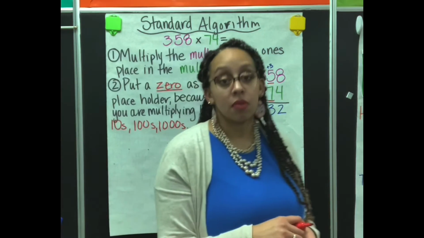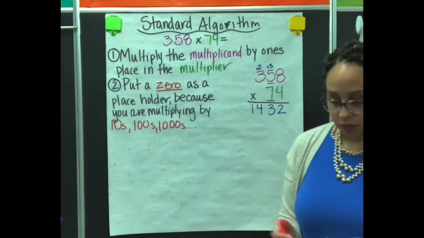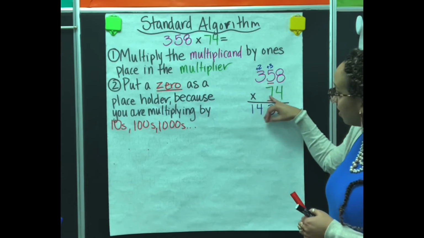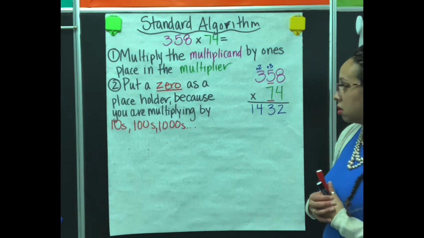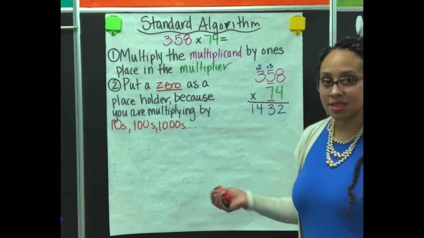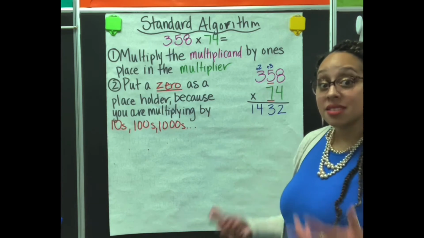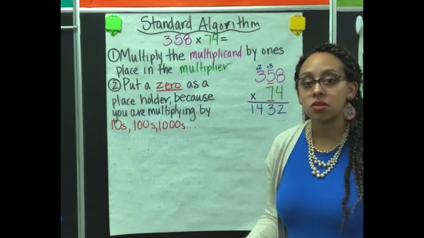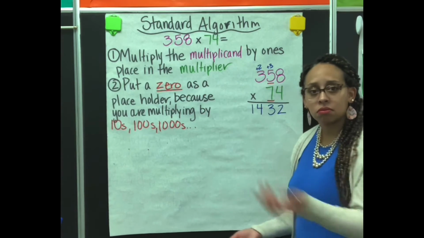Your parents and I would say we put a placeholder. The reason why is because when we start multiplying by the 7, it's not really a 7. What is the value of it? It's a 70. Do you see why it's so important for us to understand the value of the numbers in order to do multiplication? Okay?